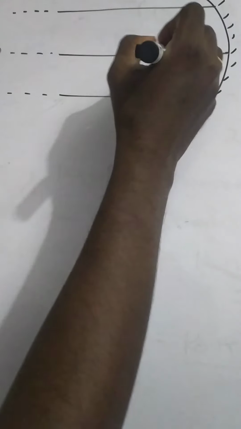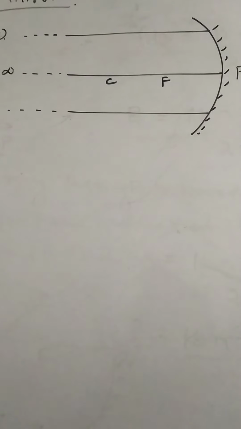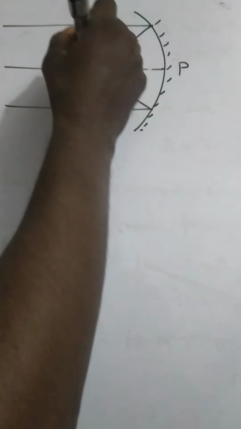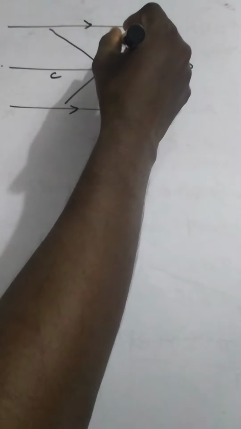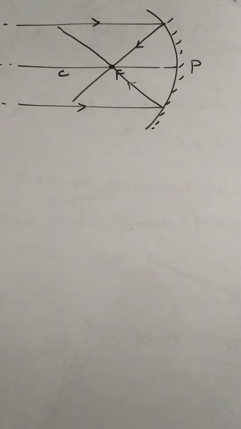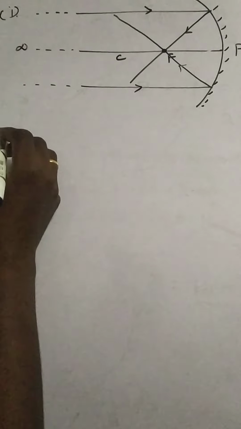Pole of the mirror, focus, center of curvature. The line joining the center of curvature, focus, and pole of the mirror is called the principal axis. The two rays passing parallel to the principal axis, after the reflection, pass through the focus. The arrow is very important: incident ray, reflected ray. So object at infinity, image becomes focus.